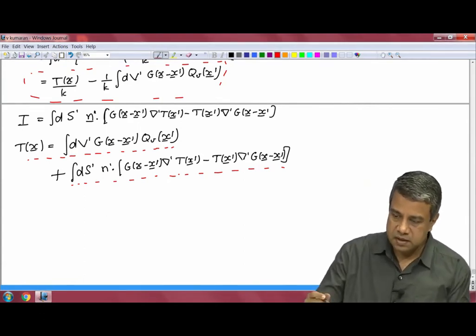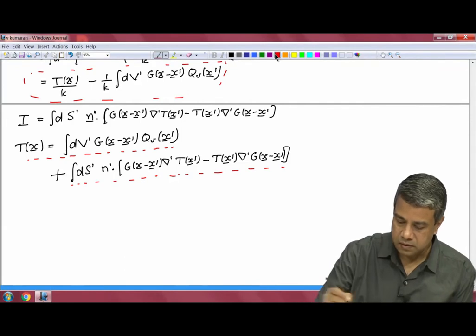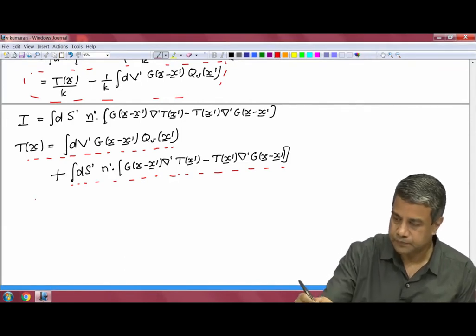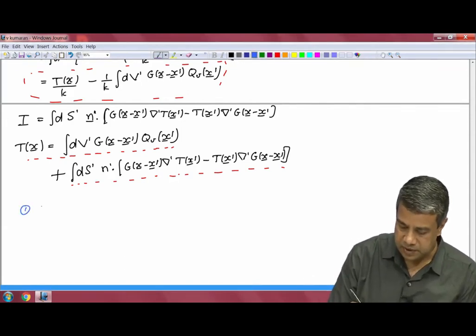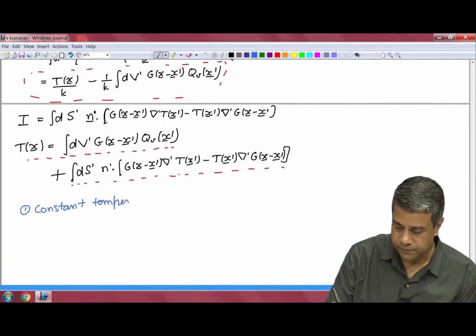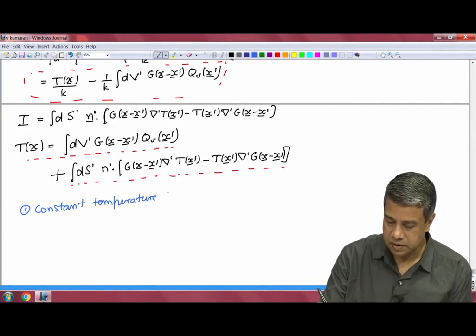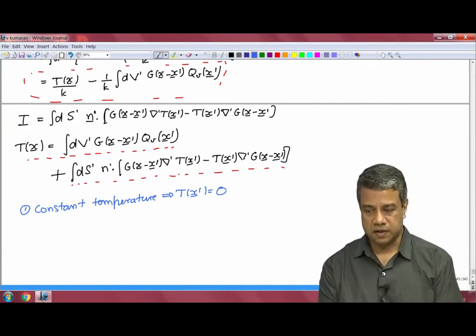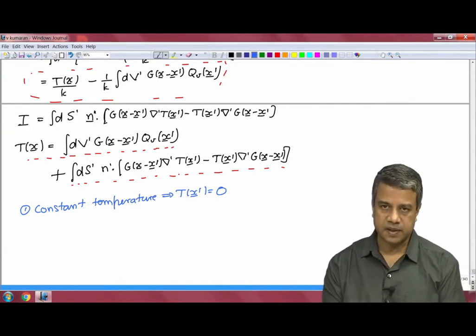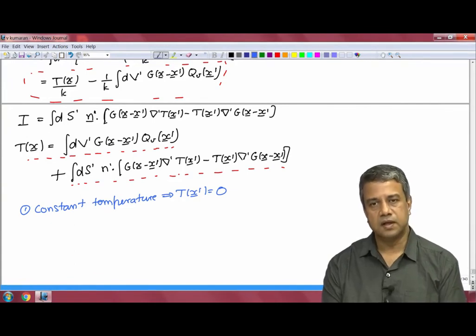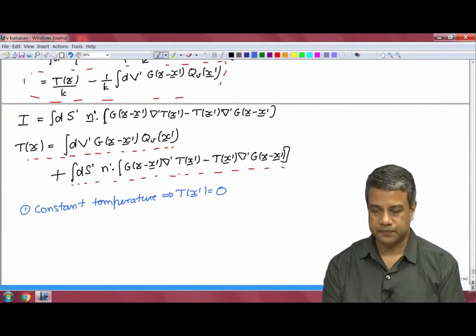So, you can consider two cases. One is constant temperature conditions at the surface, that is, T of x prime is equal to 0. If you have a constant temperature at the surface, then T of x prime is identically equal to 0 if you subtract out the surface temperature.